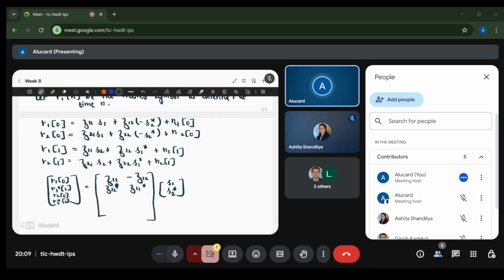R20 is Z21 S1 plus Z22 into minus S2 conjugate. So it's minus Z22 into S2 conjugate.